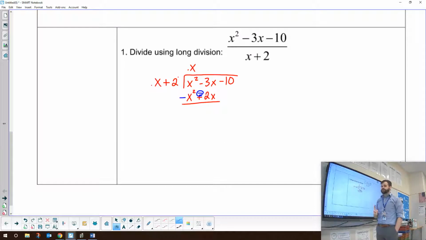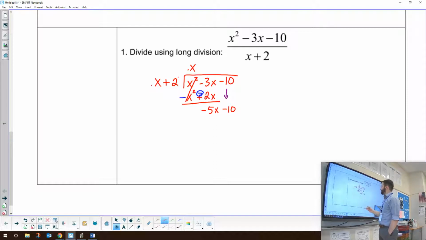Okay? We're subtracting both of my numbers here. So I'm going to go x squared minus x squared is 0. Those cancel. Negative 3x minus 2x is negative 5x. Then I'm going to bring down my negative 10, and we're going to multiply again.